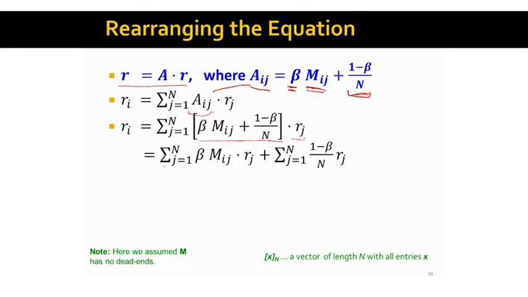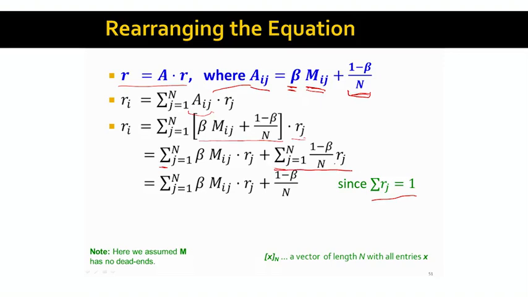So we now have two summations, both over the same range. One thing that we know is that vector r is a probability distribution, which means that the entries of vector r sum to 1, which means that the second summation, the sum over j of r_j, sums to 1.